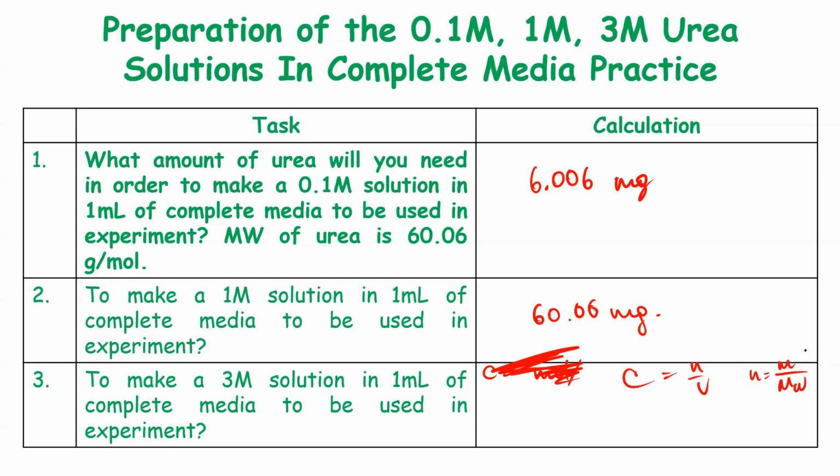So from that, we also know that n equals C multiplied by V. So if we substitute n with m over molecular weight, mass will be equal to molecular weight multiplied by C V. Of course, yes, absolutely right.